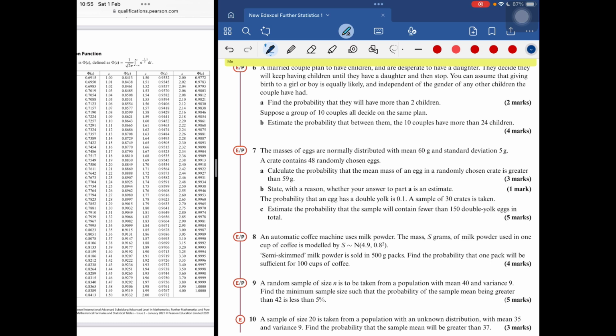Let's call this X geometric, with equal likelihood so p is 0.5, and the probability of X larger than 2. When we make this larger than 2, we know the formula is 1 minus 0.5 squared, so 0.25.